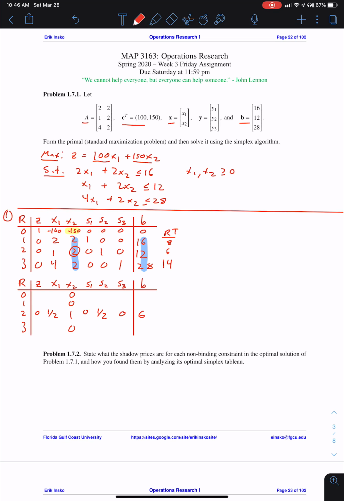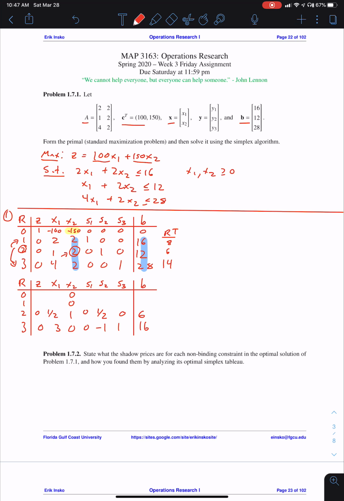Or what you can do is multiply by negative 1 before we divide by 2, and add it to the rows above and below it, which will produce 0, 3, 0, negative 1, 1, 16. Again, we do that with this pivot point here, multiplying by negative 1 across this entire row, adding it to the row down here and the row up here, which will result in that bottom row.